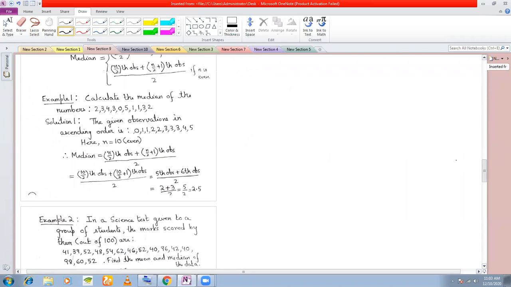Let us look at a very simple example to start with. Calculate the median of these numbers. The given observations are 2, 3, 4, 3.